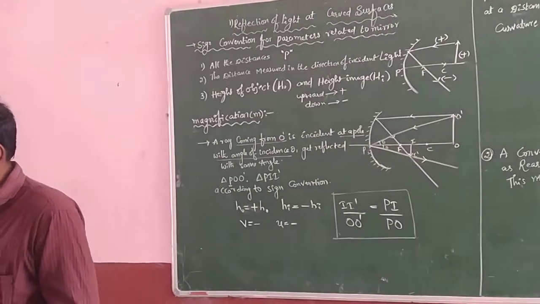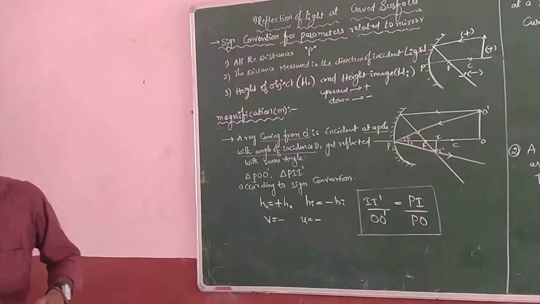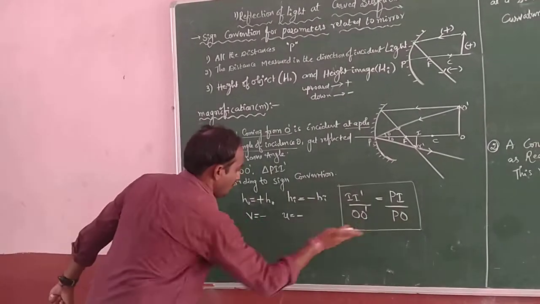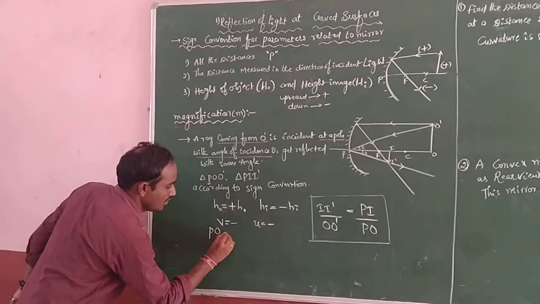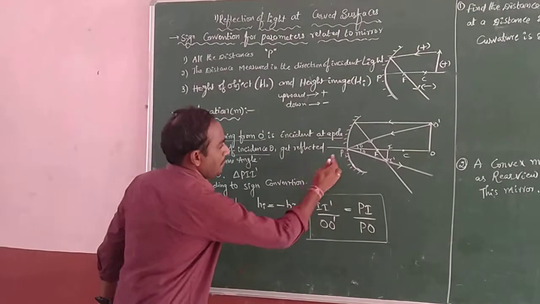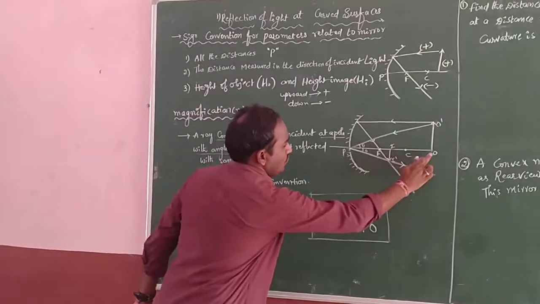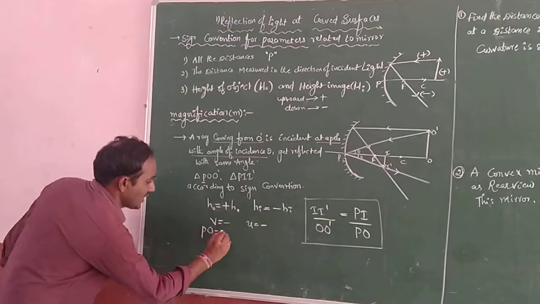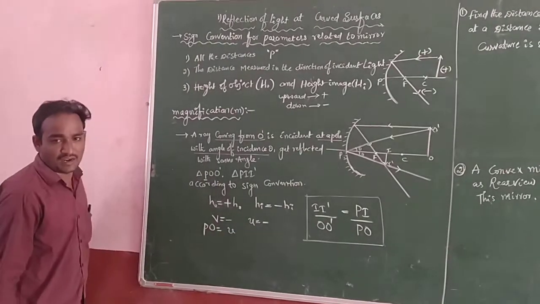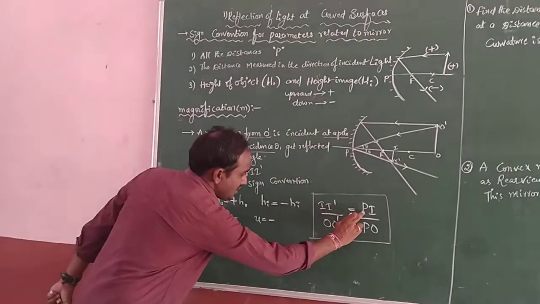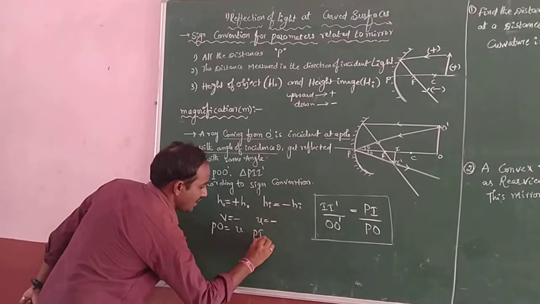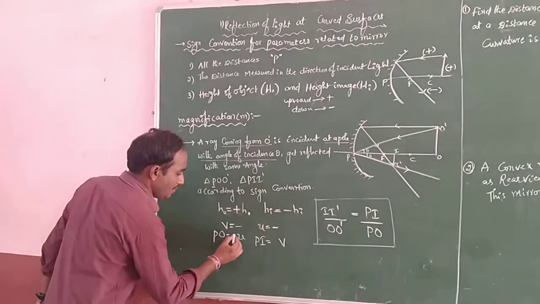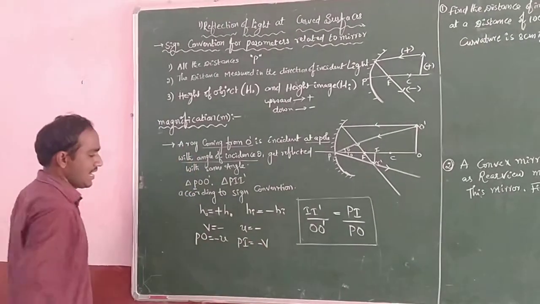According to the sign convention law, we apply that. Here we have to write PO. PO means P from O, so it is the object distance, which we always represent as U. Another one is PI, which is the image distance, so we apply the sign convention minus.